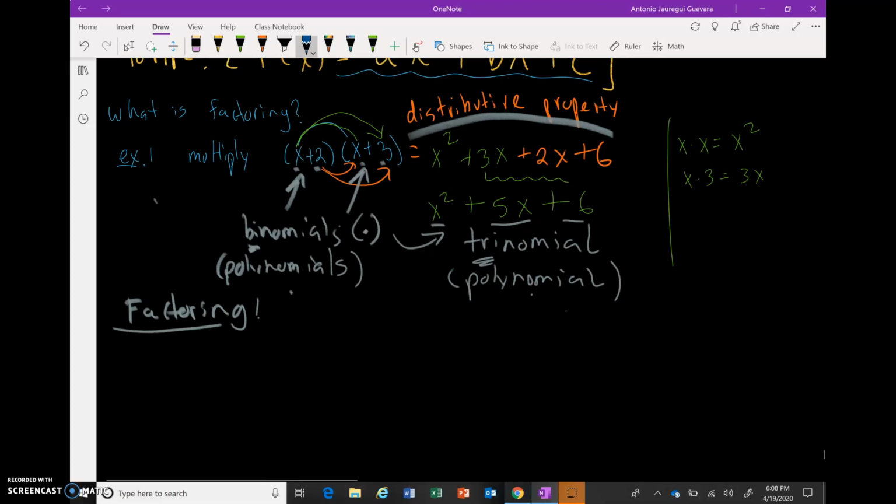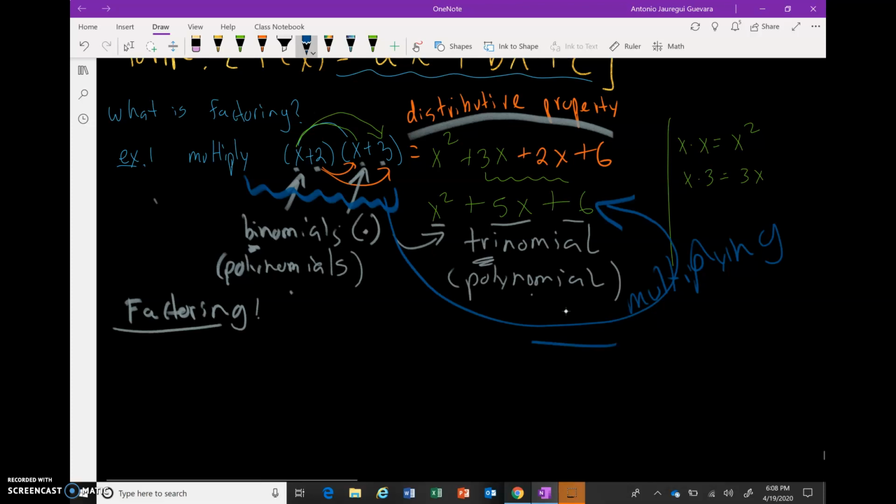Going from this to this, that was called multiplying. Well, factoring will be going from that to that. Essentially, we're going backwards.